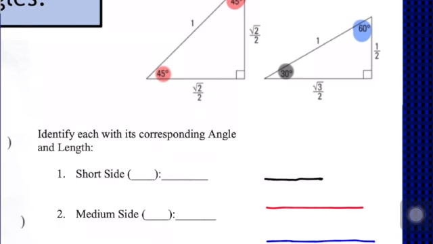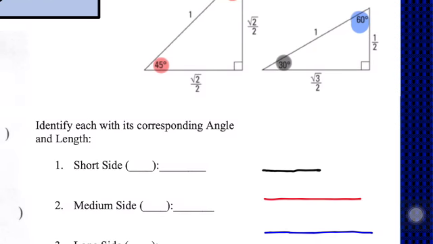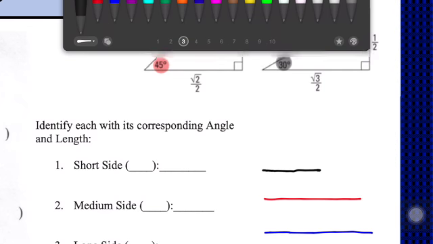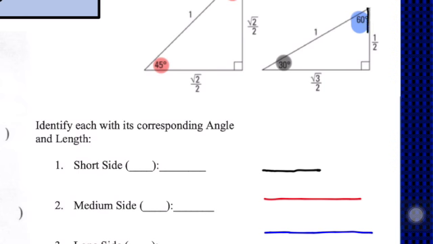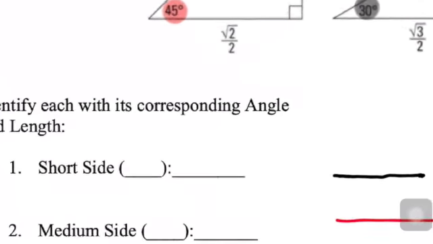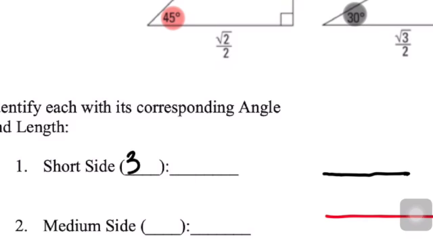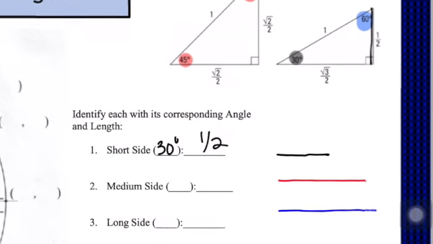Now we can tell, right? Every angle and its opposite side. So we can see that the side opposite the 30 degrees, this side right here, is definitely the short side. So we're going to go ahead and fill this in. Opposite the 30 degrees, I have my short side of 1/2.